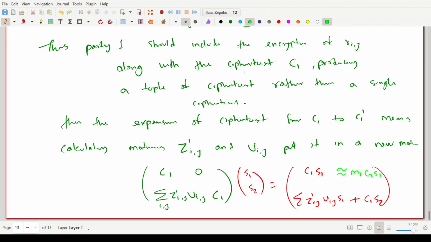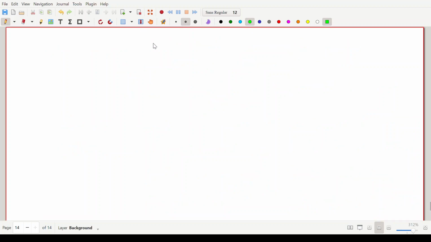I wanted this whole term to be similar to M1 GS2. Now let us check whether it is satisfying or not.